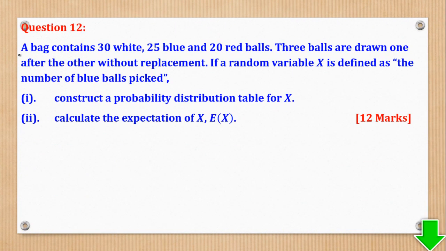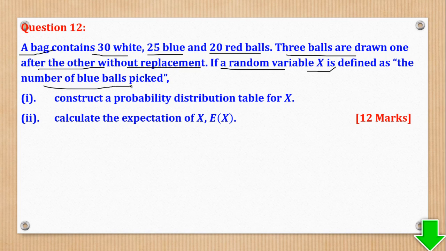Question 12 says, a bag contains 30 white, 25 blue, and 20 red. 3 balls are drawn one after the other without replacement. If a random variable x is defined as the number of blue balls picked, Roman 1, construct a probability distribution table for x.